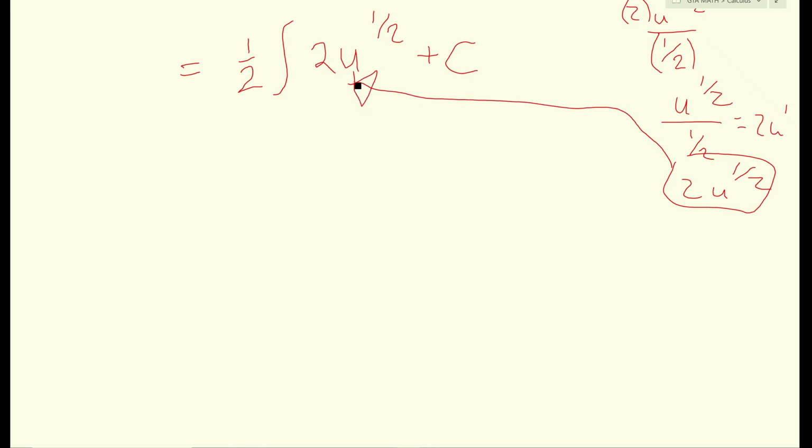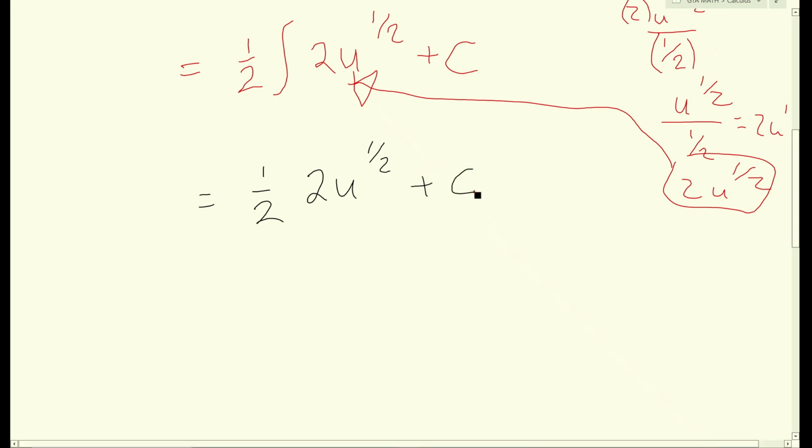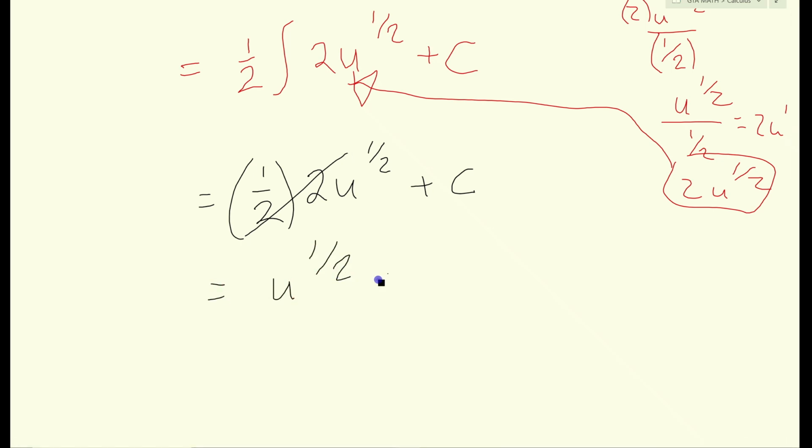Now we're going to simplify, and we're going to end up with this. We're going to have 1/2 times 2u to the 1/2 plus c. This is going to cancel, and we're going to be left with u to the 1/2 plus c.